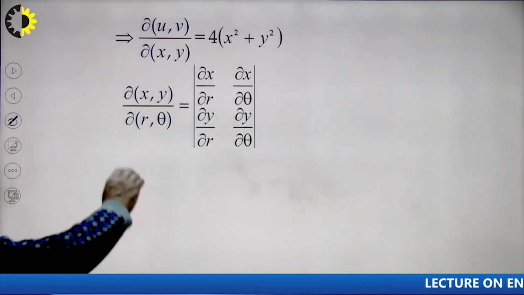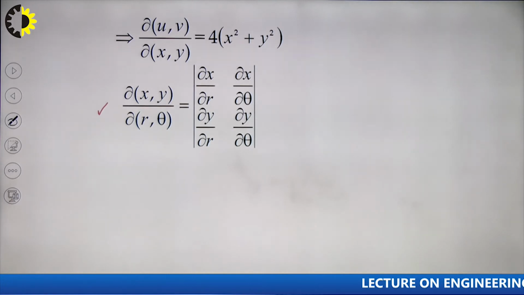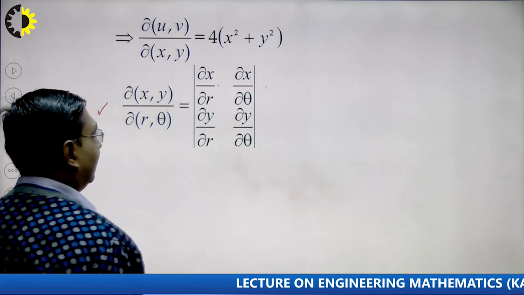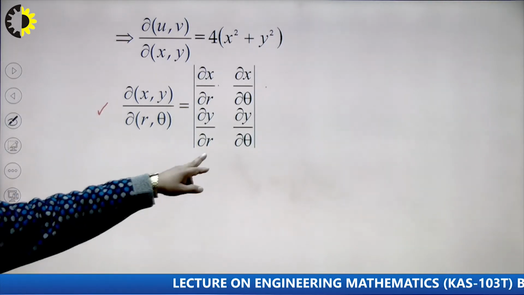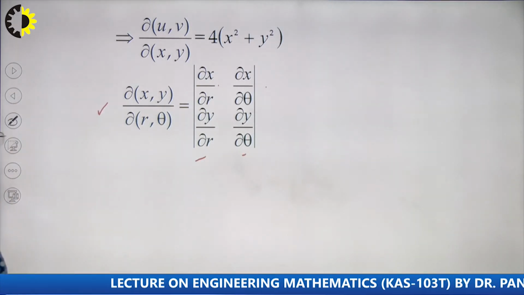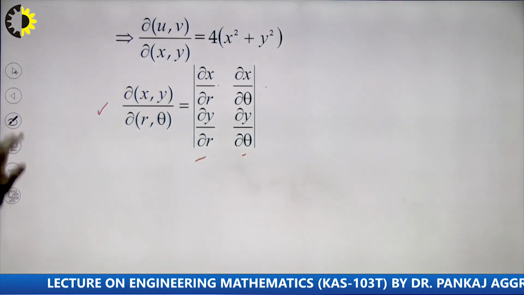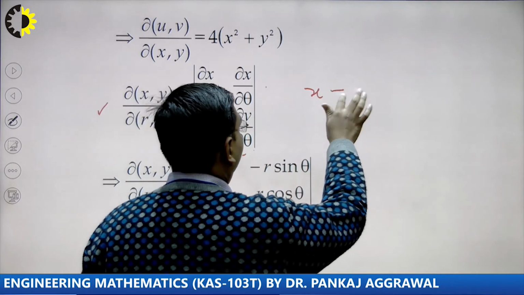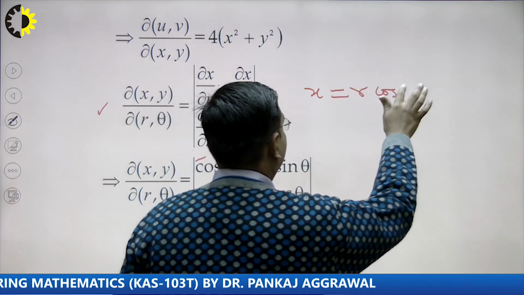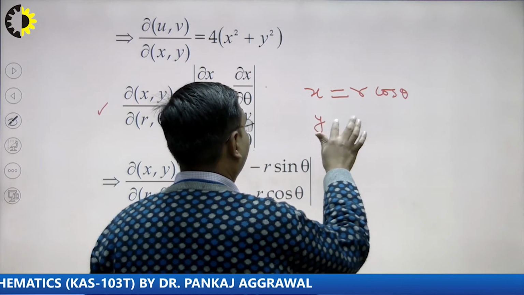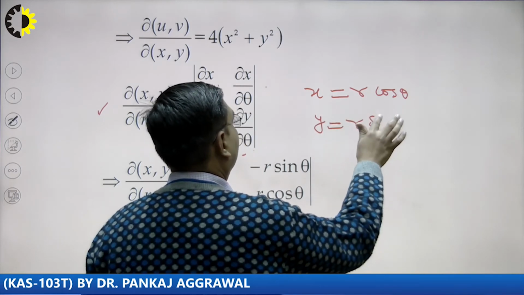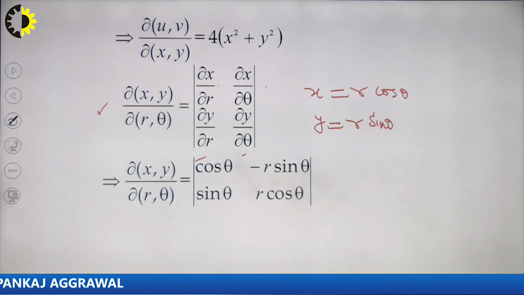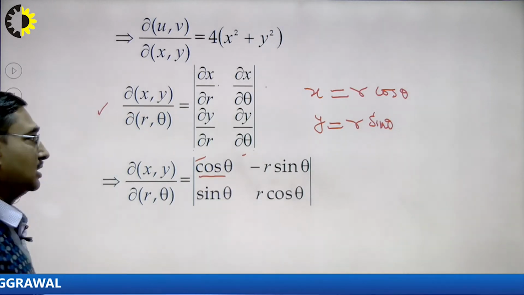Next Jacobian is del xy over del r theta. Del xy over del r theta is del x over del r, del x over del theta, del y over del r, del y over del theta. Because values of x and y are given as x is r cos theta, y is r sin theta, therefore, del x over del r will be cos theta.